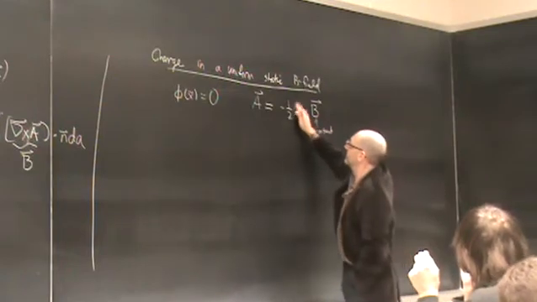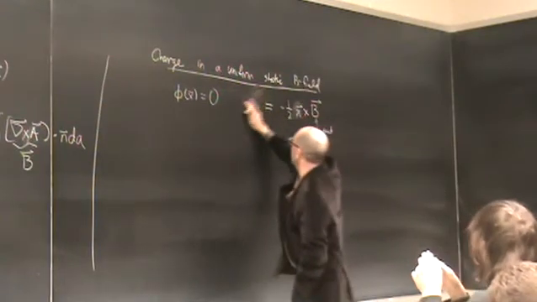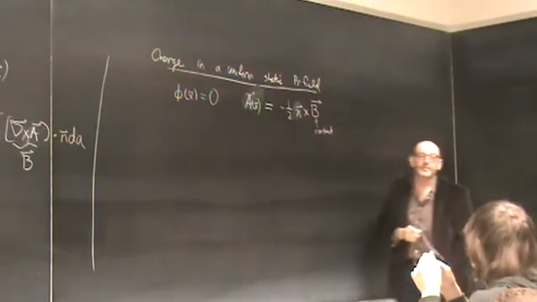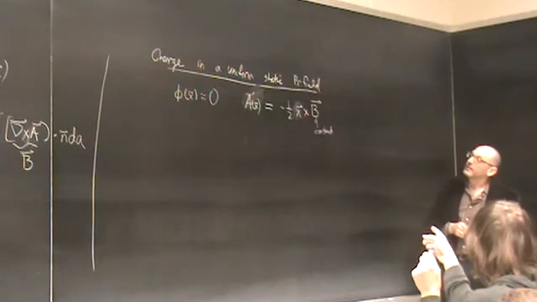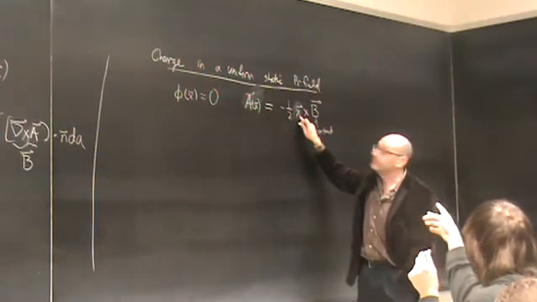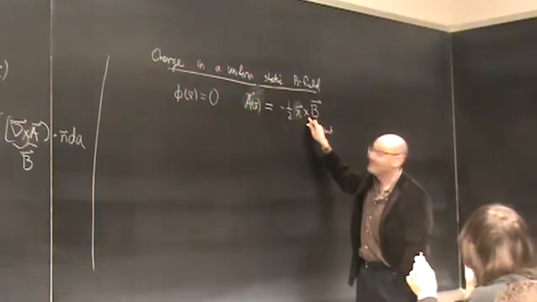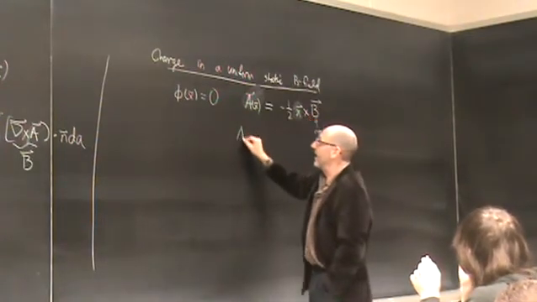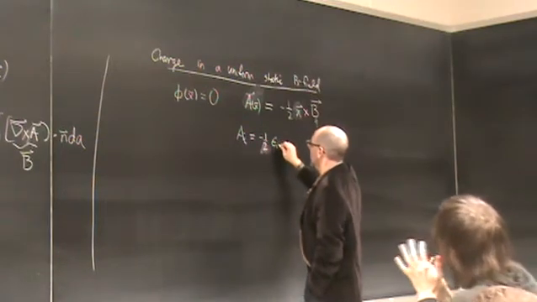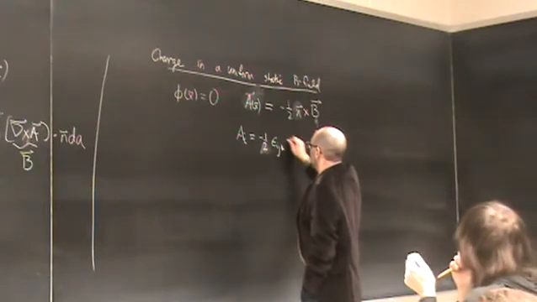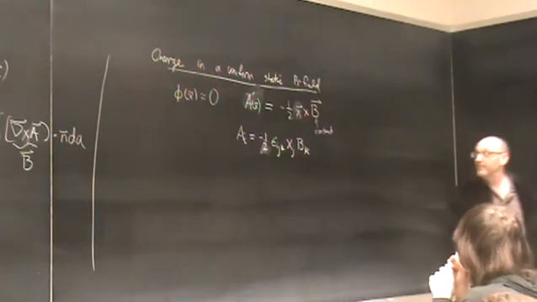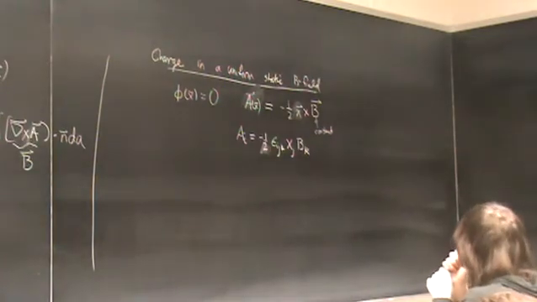So this is my magnetic field, this is a constant. I'm sorry, that's position. So this is A as a function of x. See now the x? This is the position. There's no c. That's a cross product. So A sub i is minus a half epsilon i j k x j B k, sum over j, sum over k.